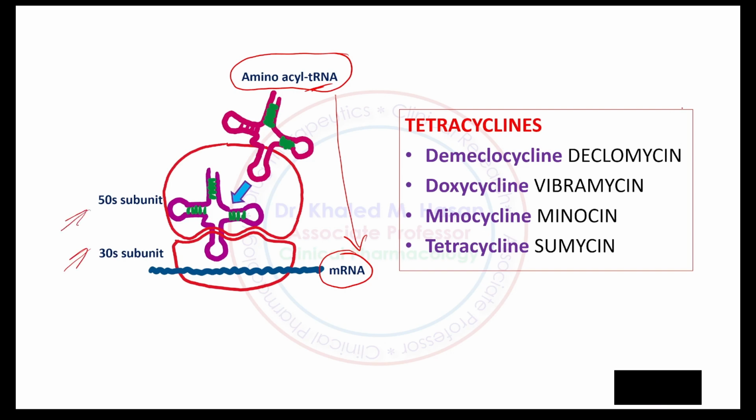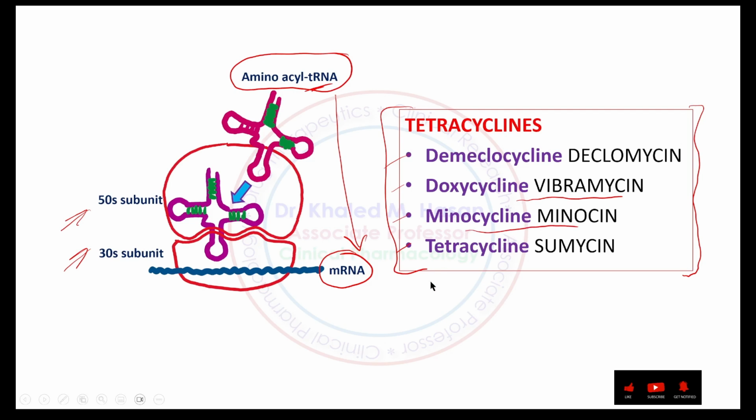In this list here, they remind us of the medications that belong to the tetracyclines: tetracycline, minocycline, doxycycline, demeclocycline, and brand names such as Vibramycin for doxycycline and Minocin for minocycline.